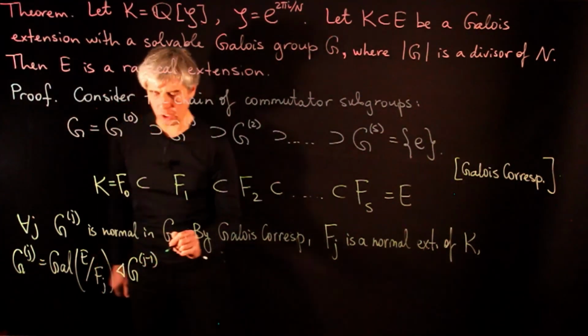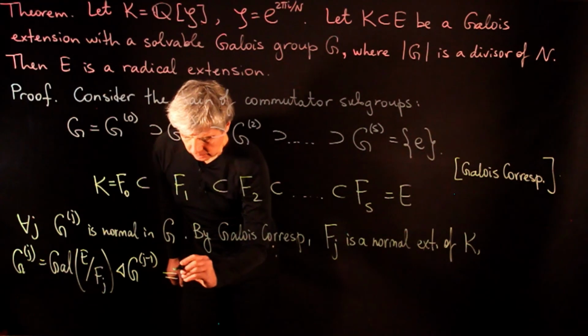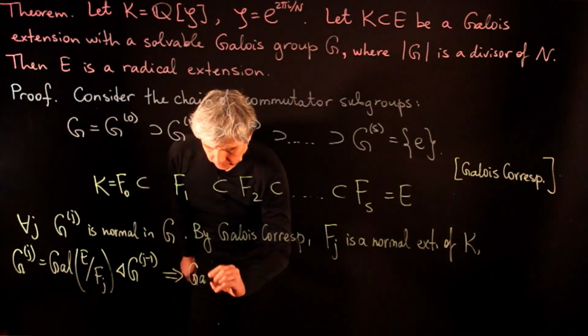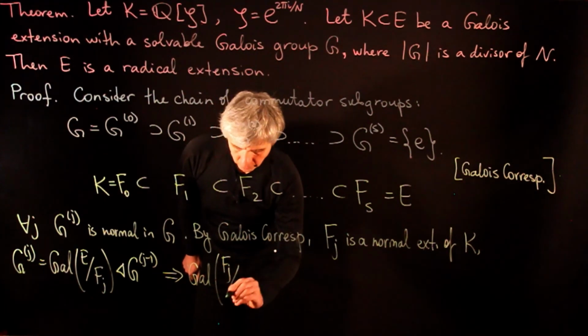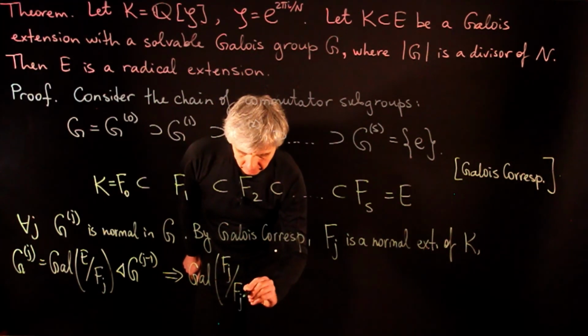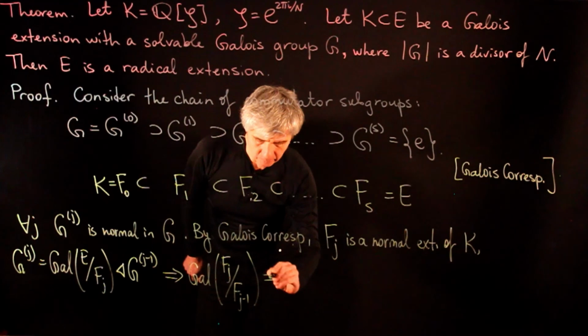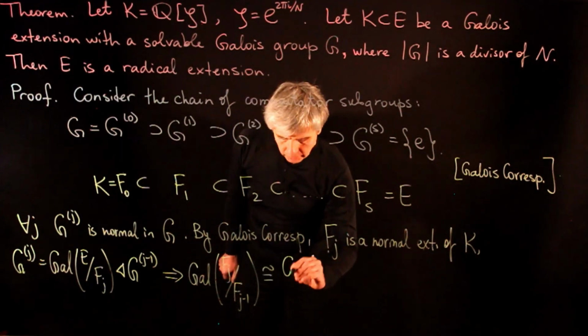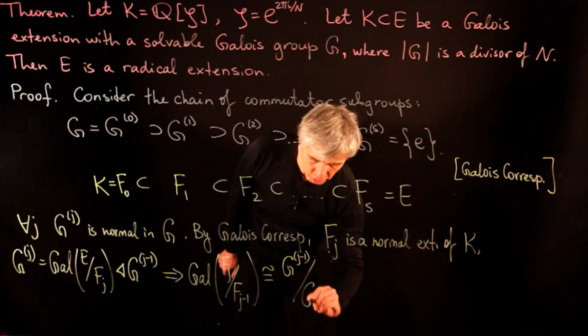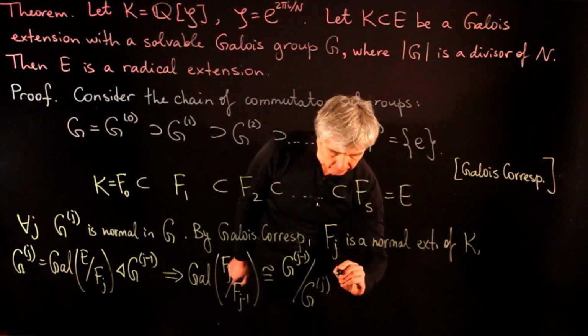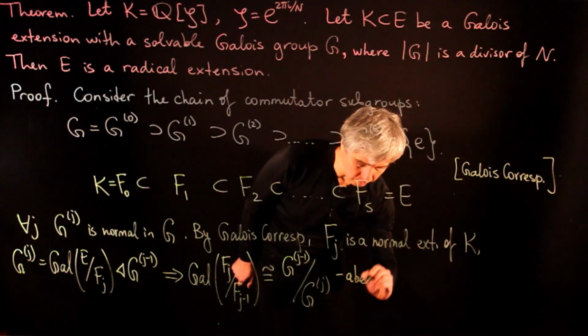Well, it's normal in G. And then this tells us that the Galois group of Fj over Fj minus 1 is isomorphic to the quotient of Gj minus 1 by Gj. And this group is abelian.